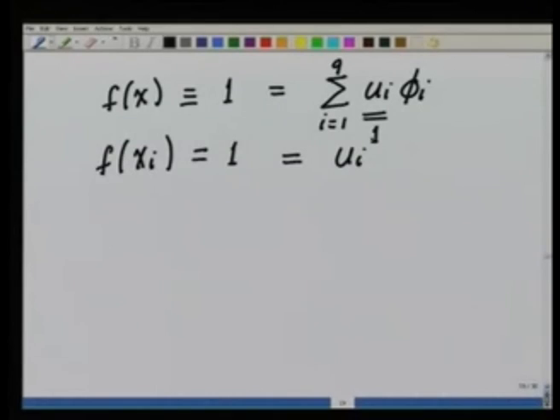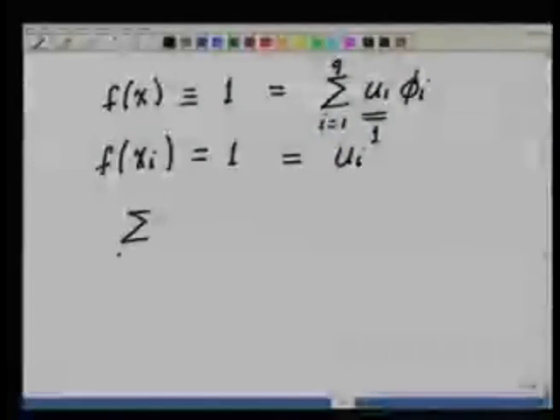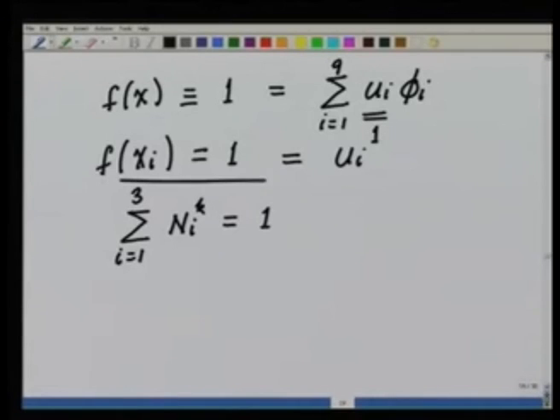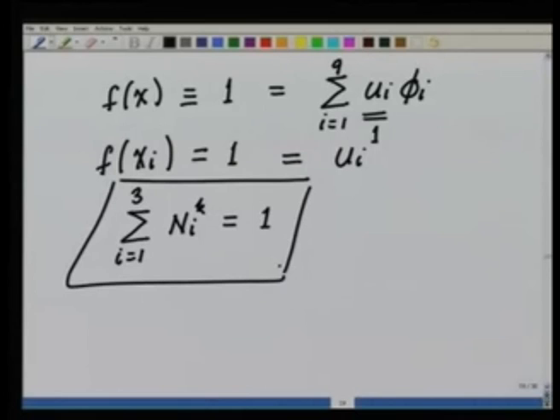If the ui's are all 1, then what we get is the sum of the phi i's is equal to 1. And this is also true in the element. Same thing applies in the element. So in the element, the sum of the shape functions, i equal to 1 to 3, is equal to 1.